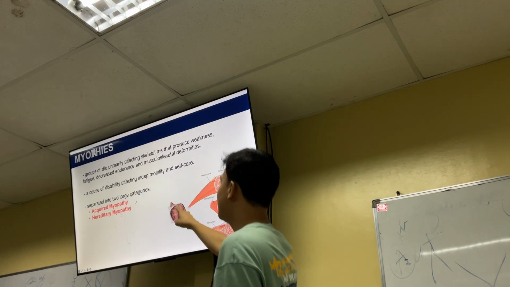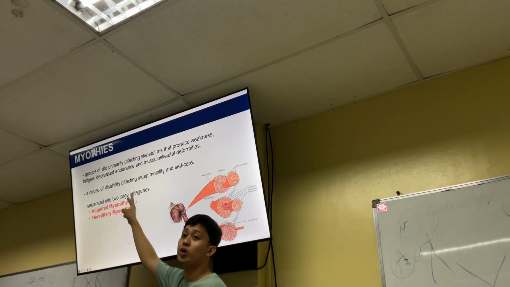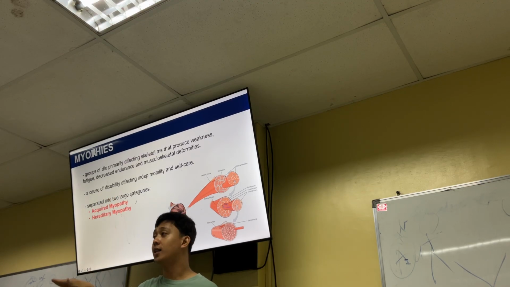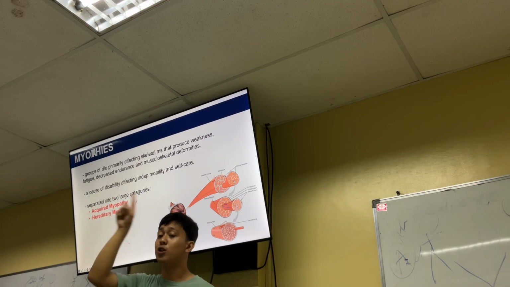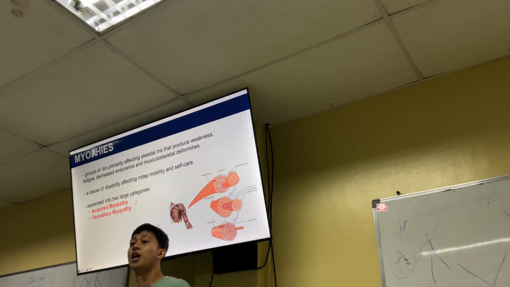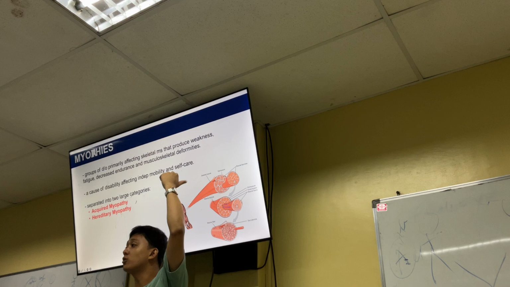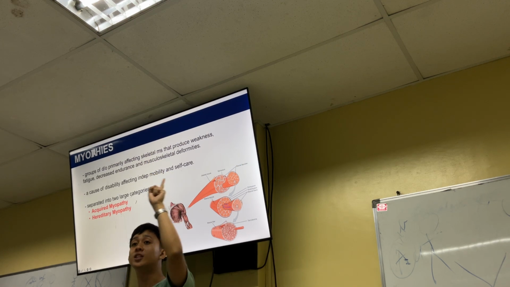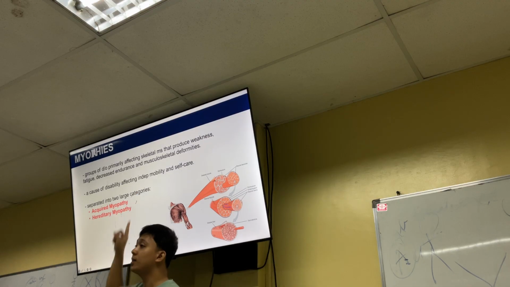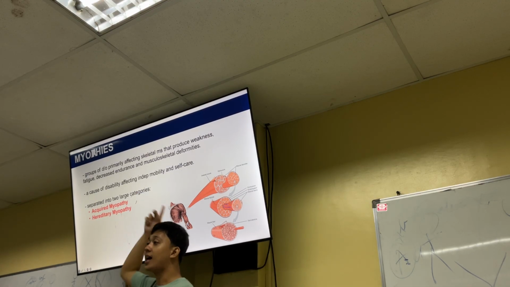So, this is separated again into two categories. Okay? So, guys, your intro for neuromuscular disease can be neuromuscular disease and your myopathy. It's because myopathy is divided into two types. We have acquired and hereditary.